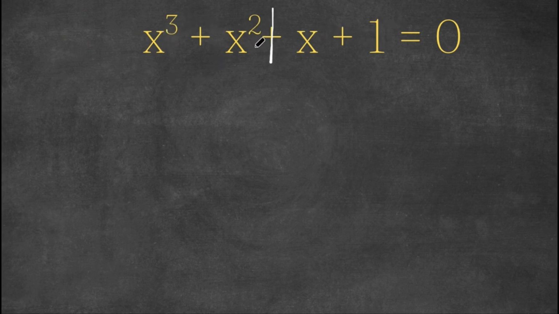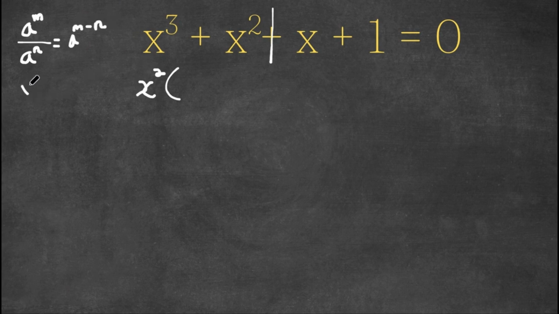So for x to the power of 3 plus x squared, we're going to factor out our greatest common factor, which in this case is x squared. So if we factor out x squared from x to the power of 3 plus x squared, well, x to the power of 3 divided by x squared, what is that? If we have a to the power of m over a to the power of n, this is equal to a to the power of m minus n.